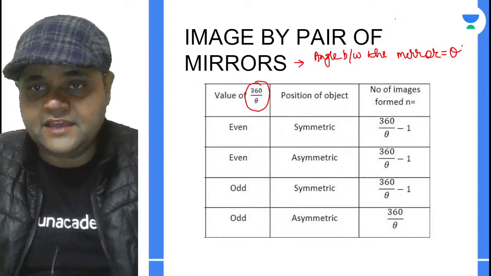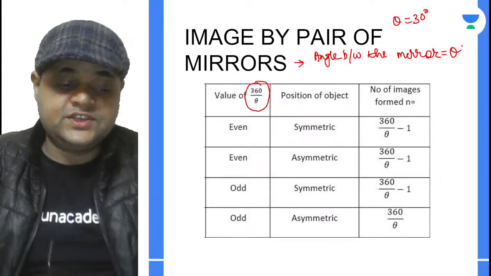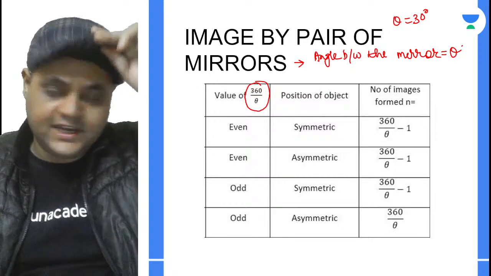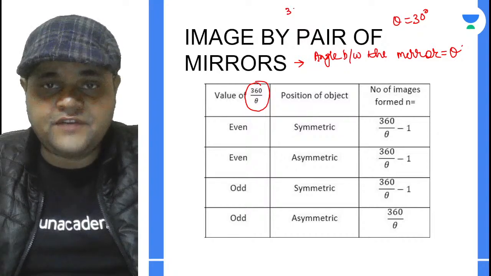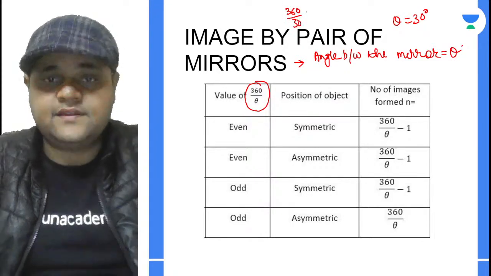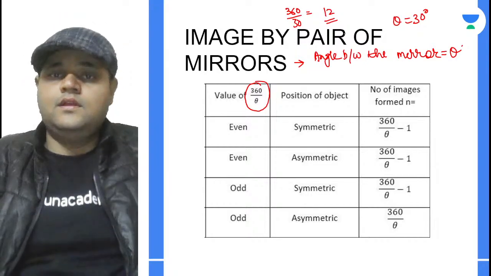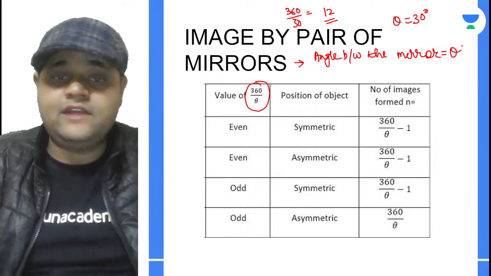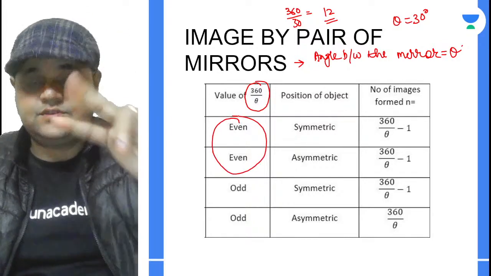If theta is 30, the question says that there are two mirrors placed at an angle of 30 degrees with each other. The very first thing you have to do is find 360 by 30, and this is 12. Now 12 is even or odd. If it is even, you have got two conditions.